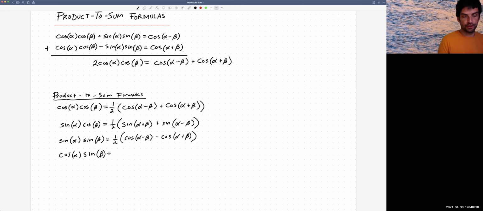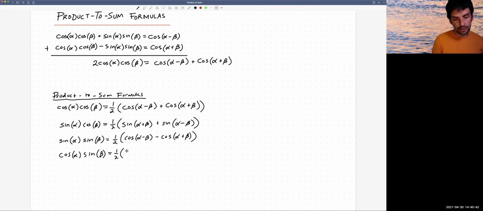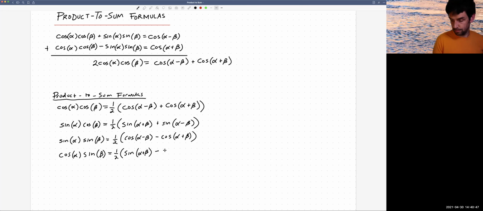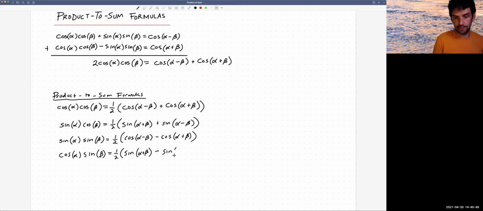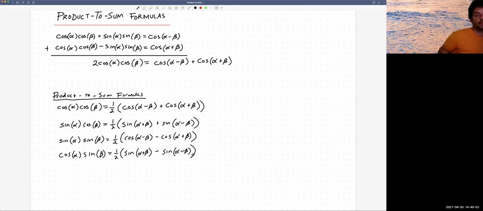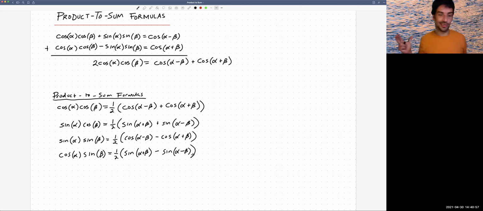This is really a version of the second one: 1/2 times sine alpha plus beta minus sine alpha minus beta. Okay, so there's our 4 product to sum formulas.